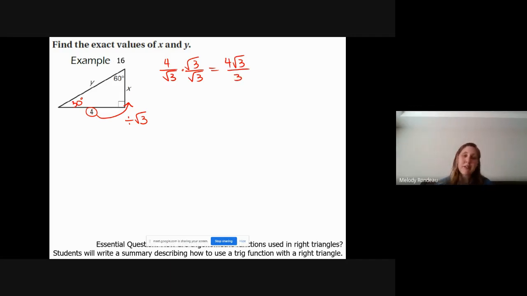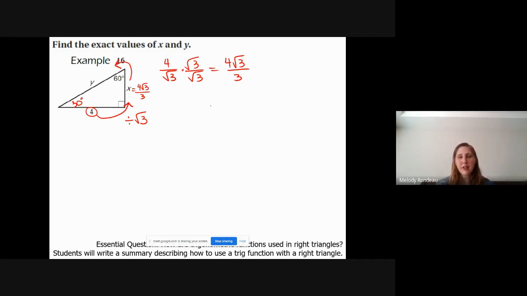And again, like Mrs. Ballard said, we're going to do this a lot. So you're going to see this rationalizing like crazy. All right, so my x then is 4 root 3 over 3. And then from Baby Bear, I'm going to go to Papa Bear. So Papa Bear is twice as big as Baby Bear.